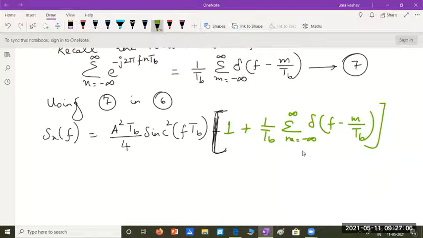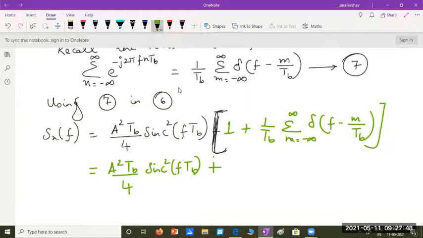Now, what else can I do in the next step? This will be a square Tb by 4 sinc square fTb. Okay, let me keep this as common later, maybe in the next step, because it will be easy if I plot and try to find out.